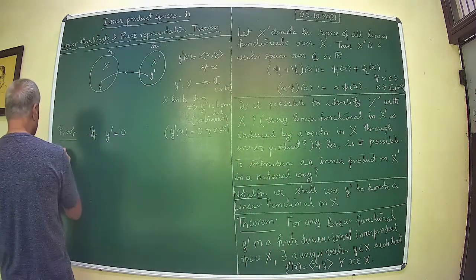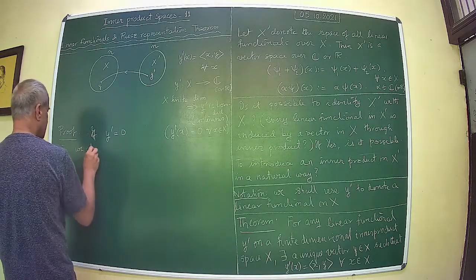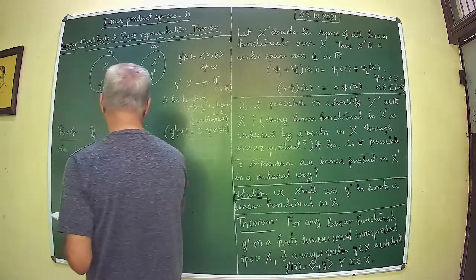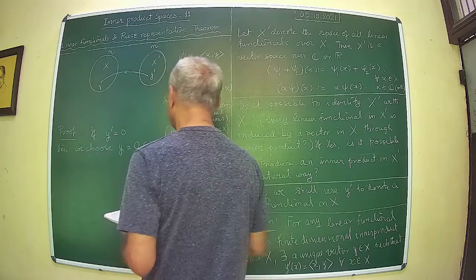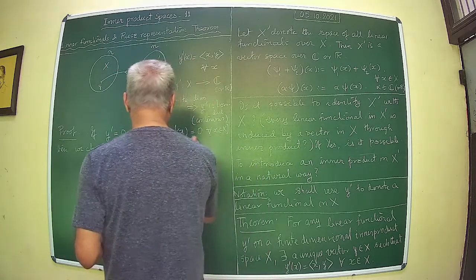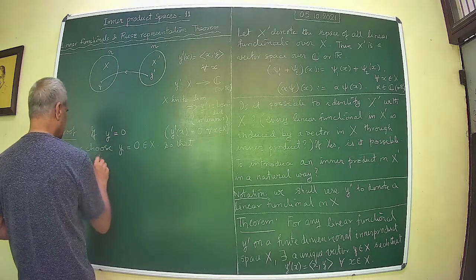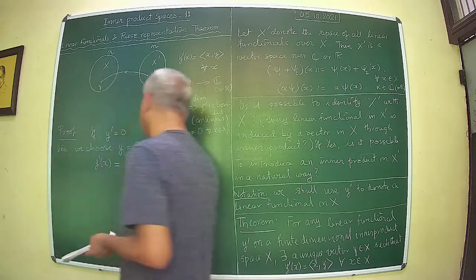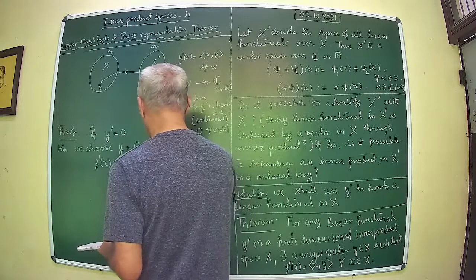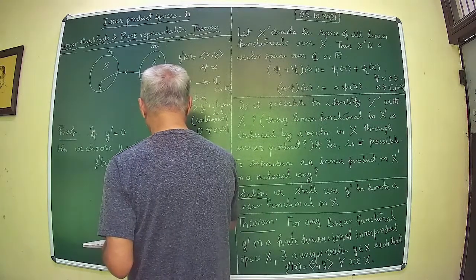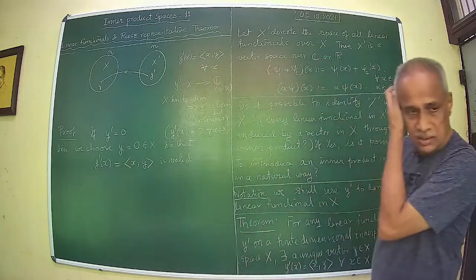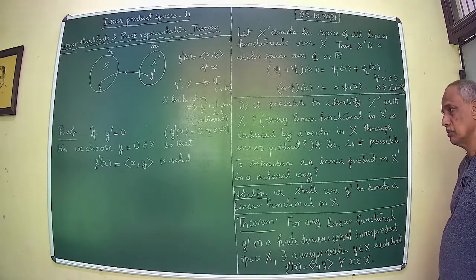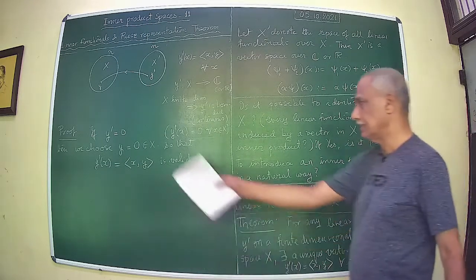Then we choose y equal to the 0 vector, so that y prime of x equals the inner product of x with y equal to 0 is valid. Now our task is for any y prime in X prime, we want to identify the corresponding y so that this relation is satisfied.